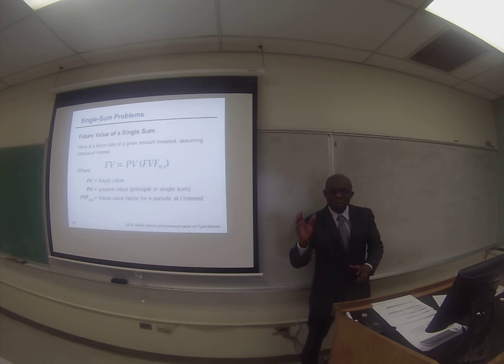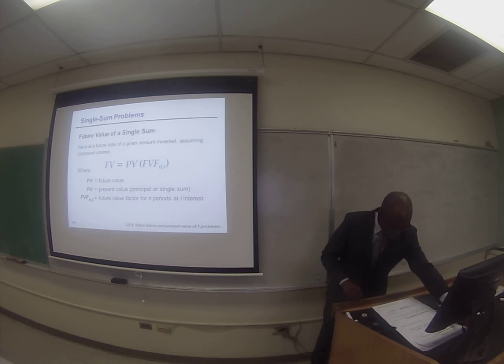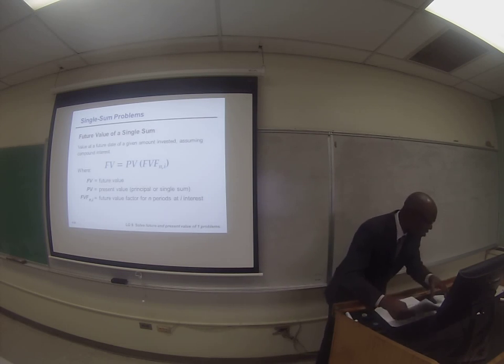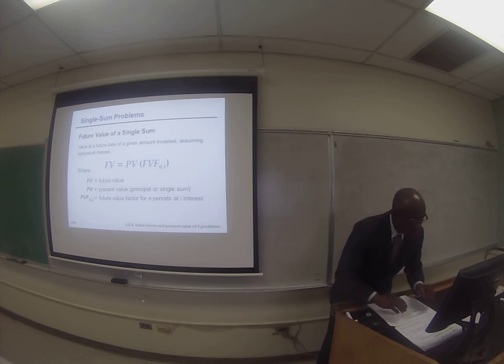So what do we have here? Here we are trying to determine the future value of a single sum. So the value at the future date of a given amount invested assuming compound interest. So what does that really mean?